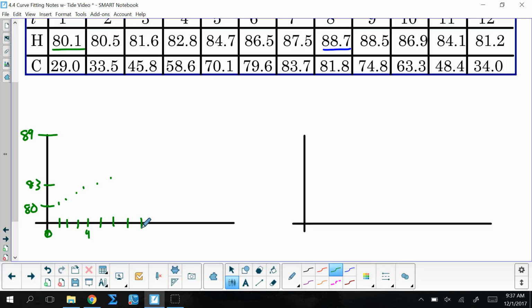Oops, these should be up a little bit more. That one should probably be up about here-ish. And then this one is my peak. That's at 8. Then we came back down just a squatch. And then we came back down there.